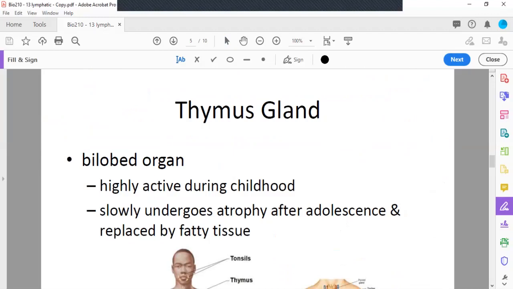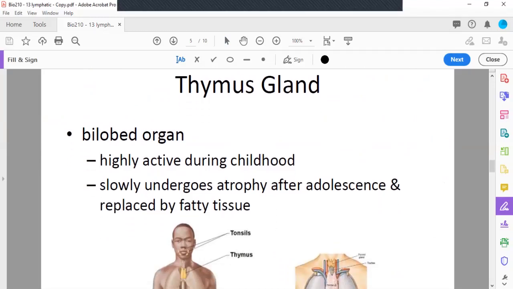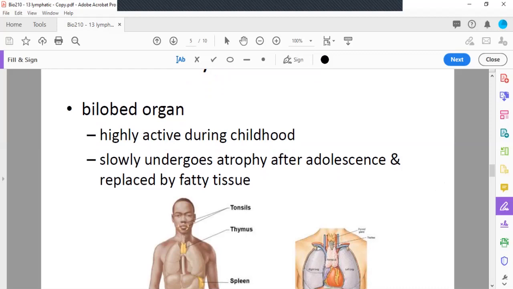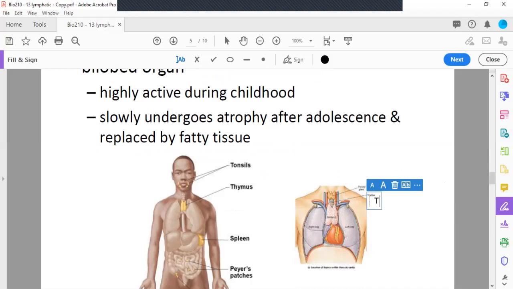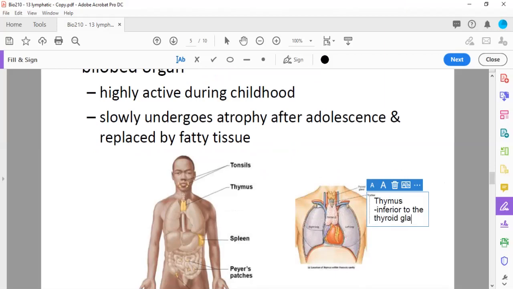to the thymus. What exactly is the thymus? If you look at the image on the right side, we can see the thymus is going to be inferior to the thyroid gland and superior to the heart.